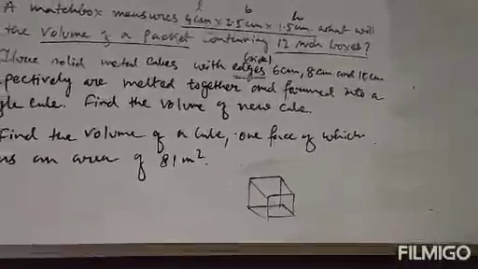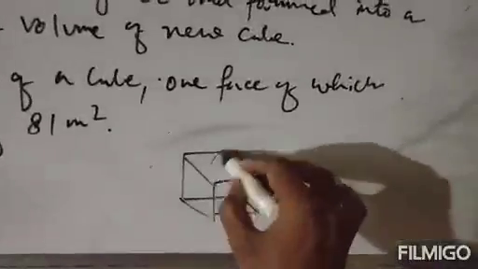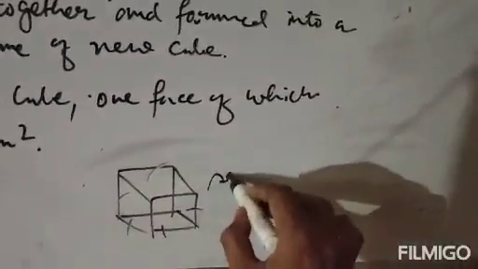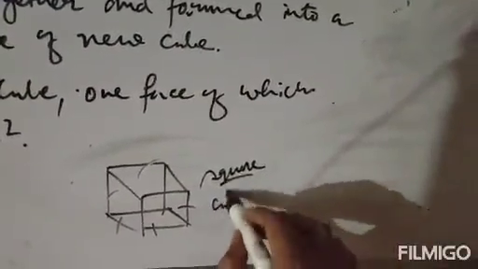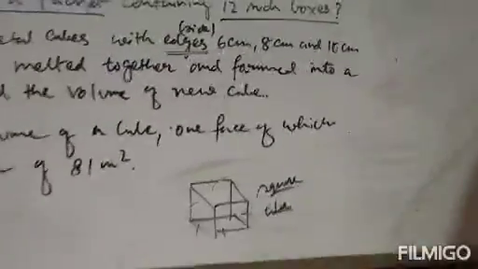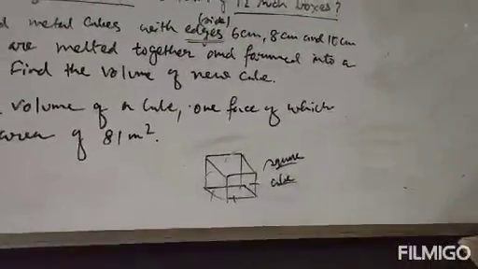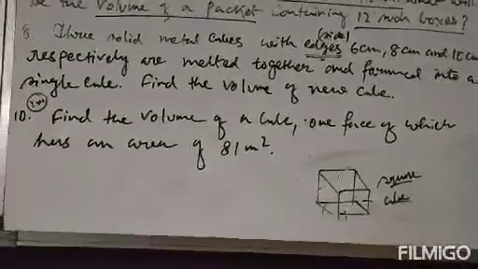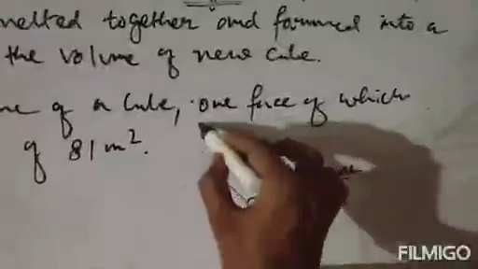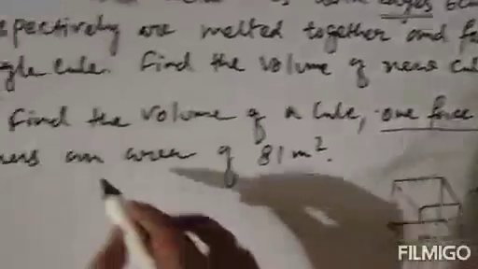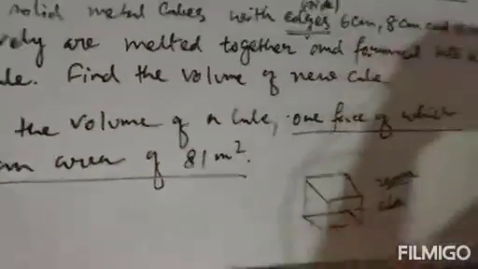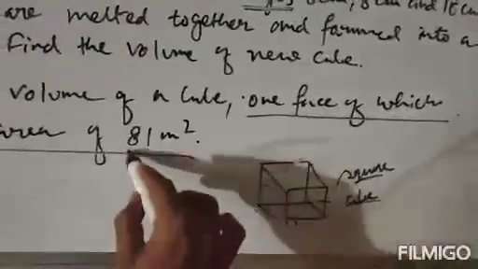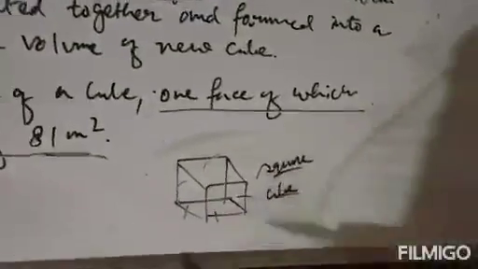And the second difference is that all the faces are square shaped in a cube, but in a cuboid the faces are rectangular shaped. So this concept is useful for solving this question. Now see, it is given that one face has an area of 81 square units. That means one of the faces of this cube has an area 81. So it has how many faces?